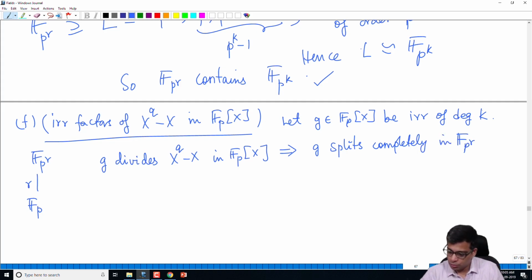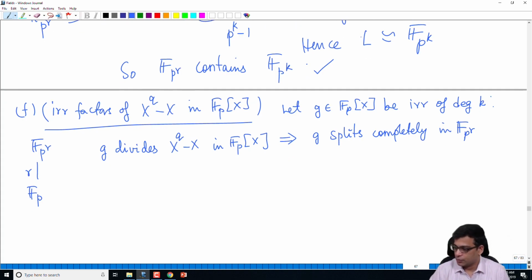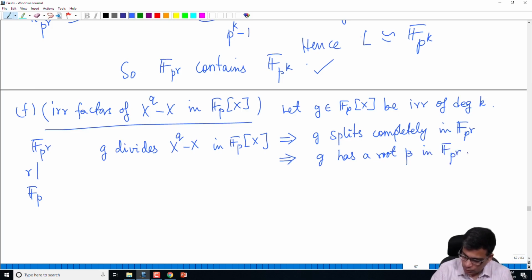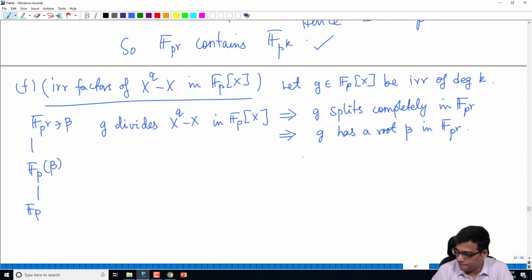Because x power q minus x splits completely, g being a divisor of it also splits completely. This implies g has a root beta in F p power r, so let's call that beta. What I will now do is expand this. What I get is Fp(beta) over Fp. And what is the degree of this?